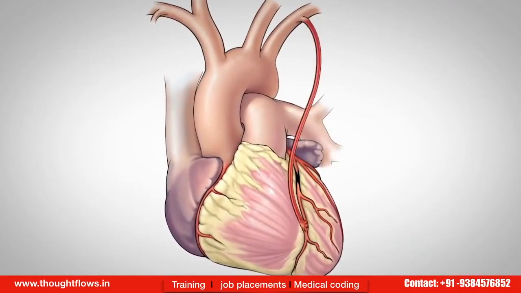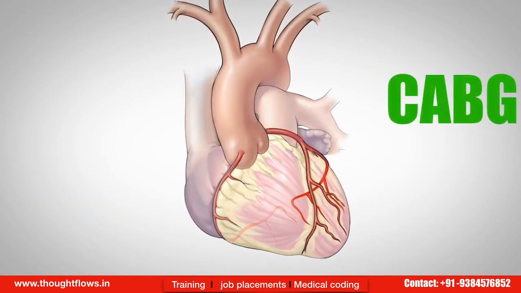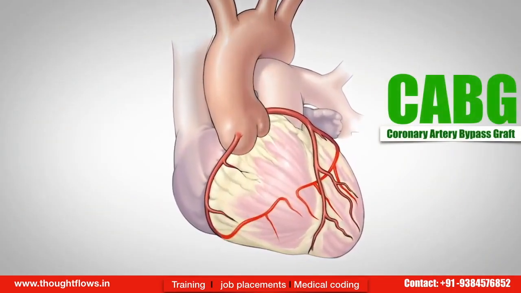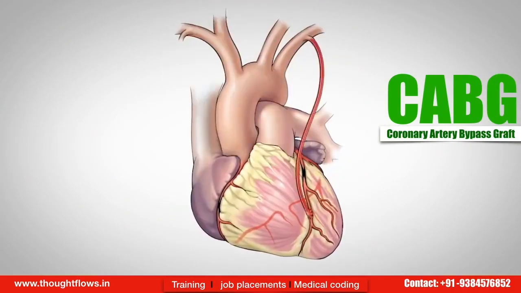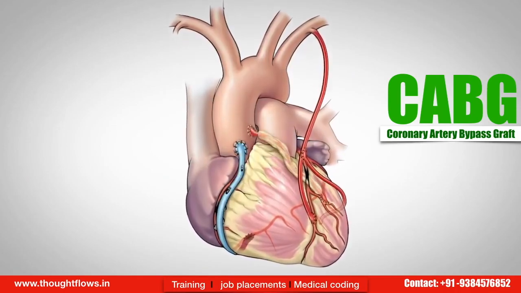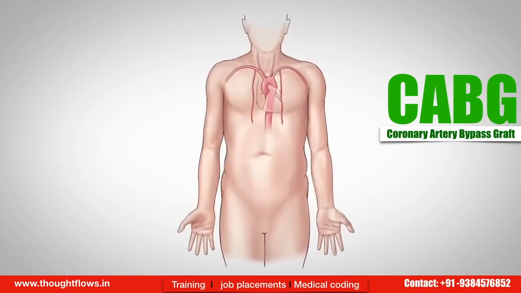If this is not successful, the surgeons will go for coronary artery bypass graft. CABG is a surgical procedure used to restore normal blood flow to an obstructed coronary artery. This procedure is carried out by the attachment of a healthy blood vessel above and below the diseased area.